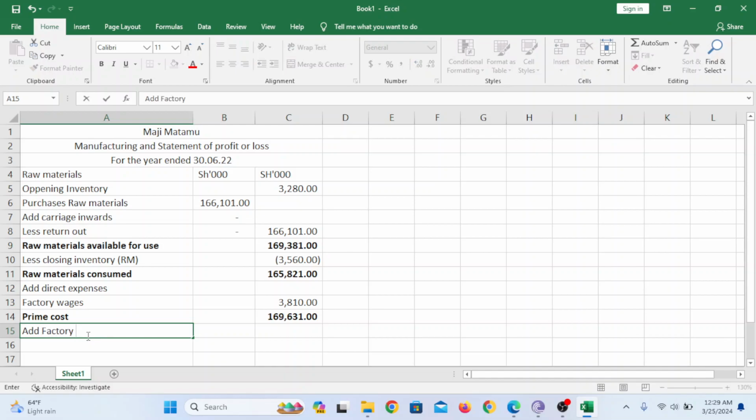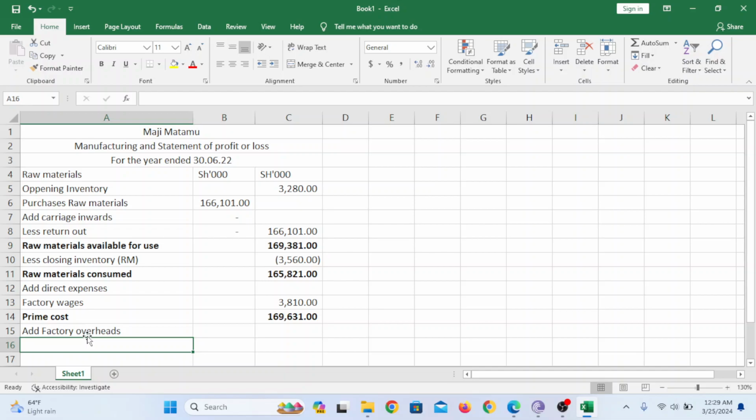factory overheads. So these are the indirect expenses of the factory. So one of the indirect expenses, we have just the factory expenses.